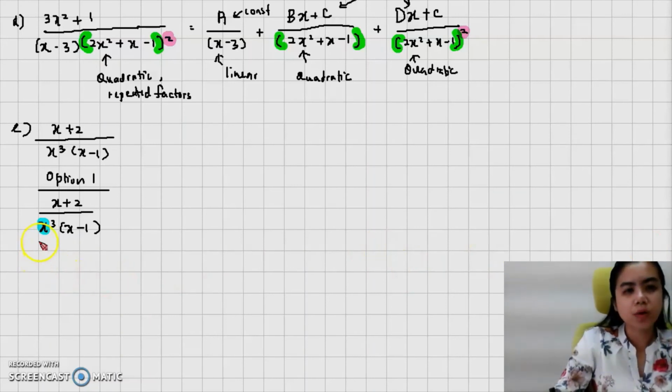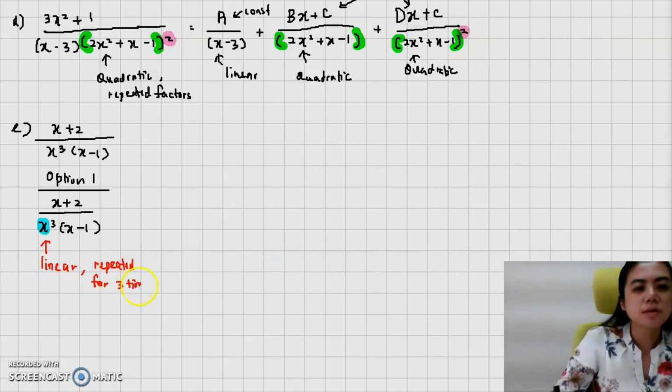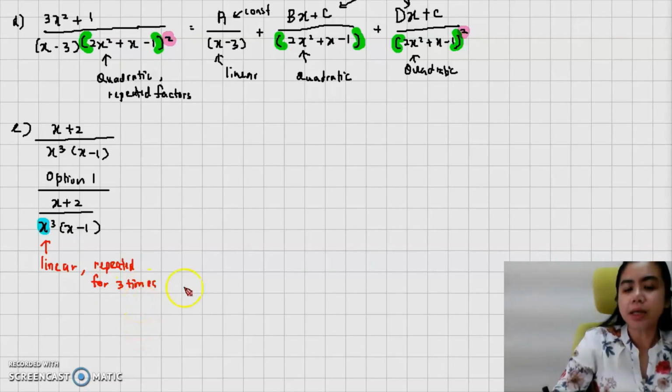Just consider this as a linear function, which is x power of 1, but it has been repeated for 3 times. Consider it that way.